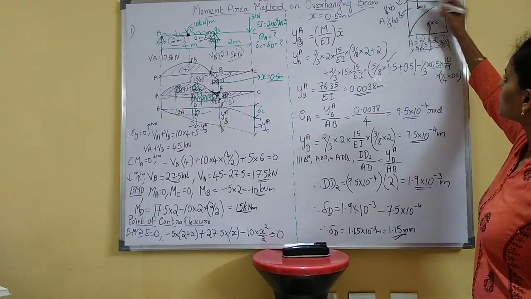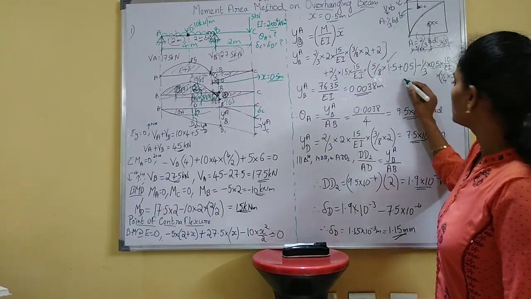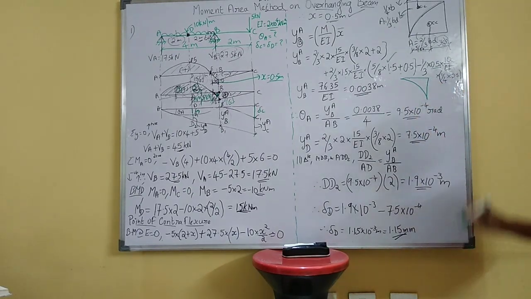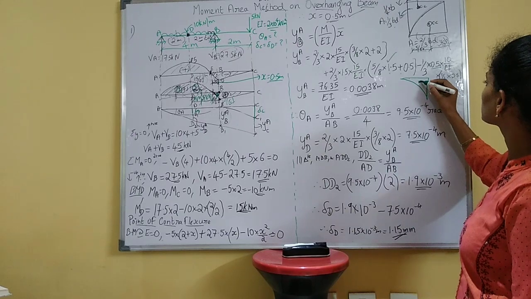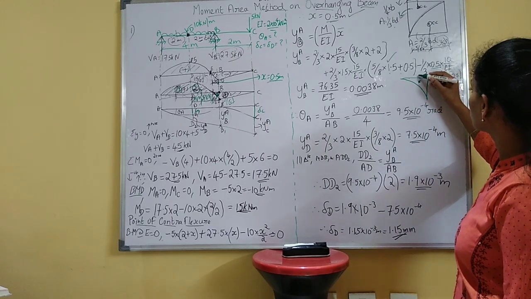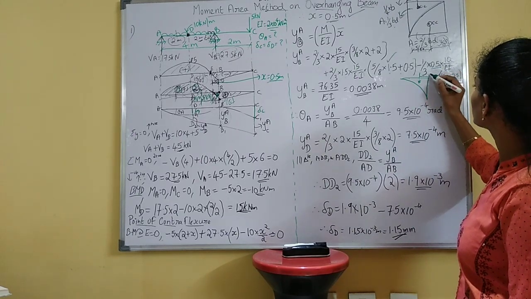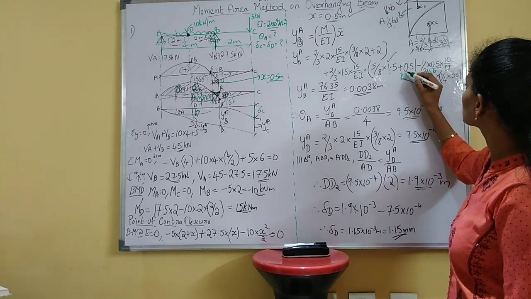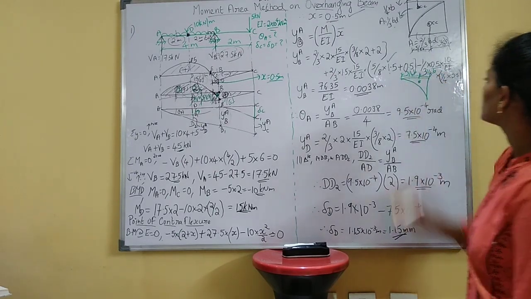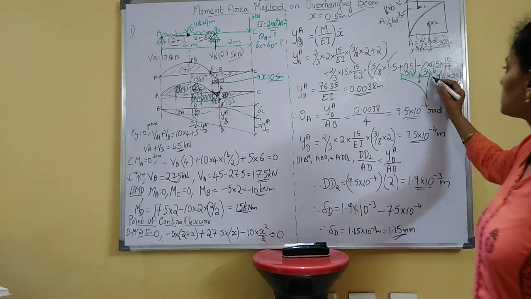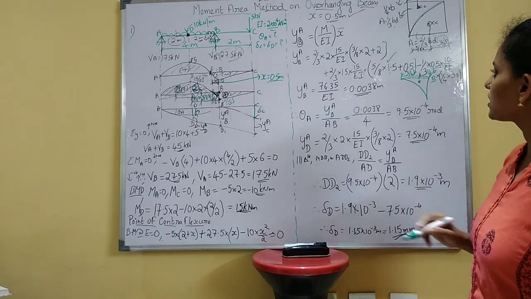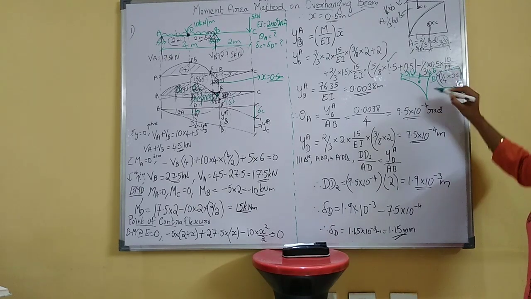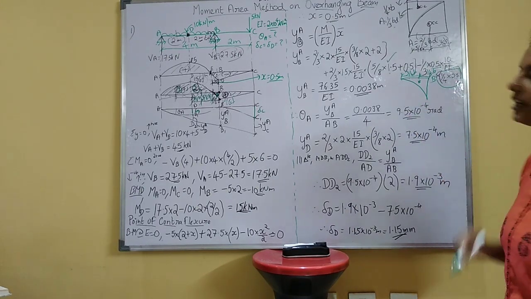Just I will mark it here. The diagram is like this. For the centroidal distance, you know from here it is 1/4 of B, and from here it is 3/4 of B. Which is nearer to B? This is your point B, so nearer is 1/4 of B. 1/4 of B is 0.5.